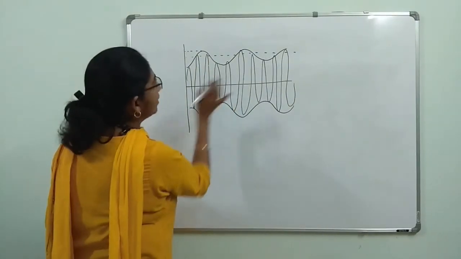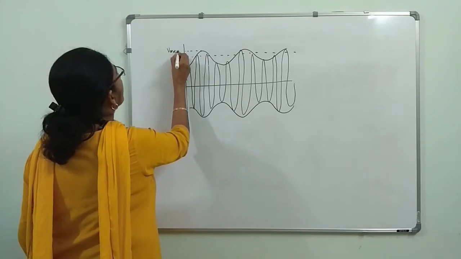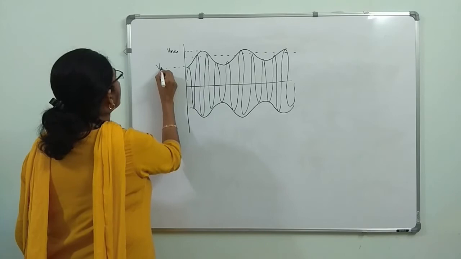This is a modulated signal I have drawn. This is Vmax. This is V minimum.